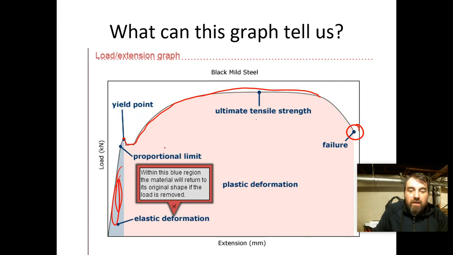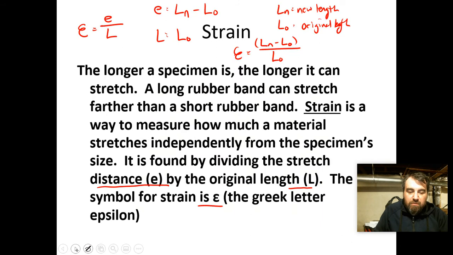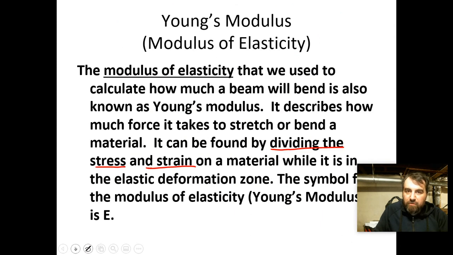It's the area where the material is able to bounce back. We don't want to go past that, because the material is broken if it doesn't bounce back. If you have a bridge that doesn't bounce back, you don't really have a bridge anymore. You have a hazard.